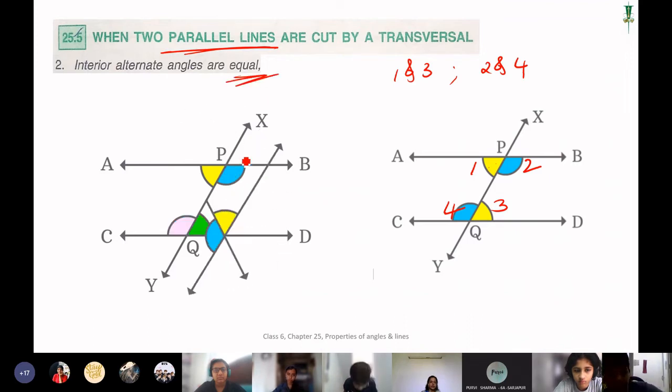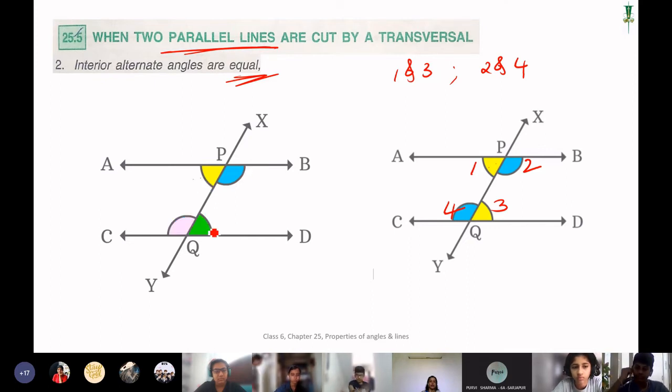That is what is being shown when they turn it this way, to make you understand that these two are going to be the same. Let's talk today only about parallel lines and a transversal. So exterior alternate angles are equal, and interior alternate angles are also equal when the lines are parallel.